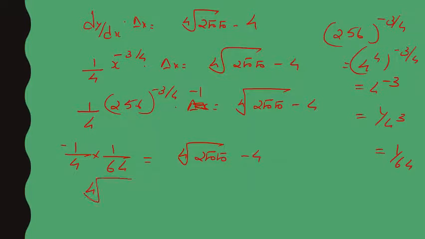So therefore fourth root of 255 is equal to minus 1 by 256 plus 4. So what is it? 1023 by 256. This is the approximate value. Okay. So this is the way we are finding out the approximate value.